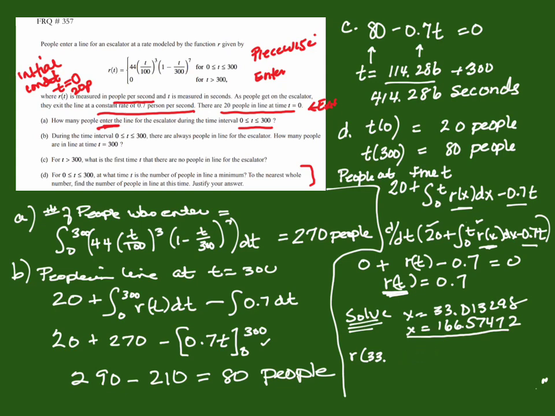So back out, we would use 20 plus the integral from 0 to 33.013298 of r of t dt minus 0.7 times 33.013298, and you get about 3.8 or 4.